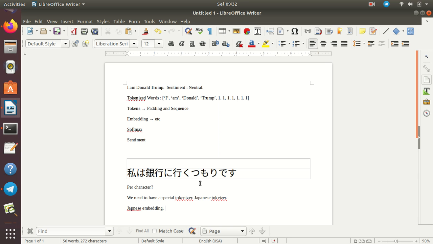It's kind of hard. So we have to use a specialized Japanese tokenizer, and of course we need Japanese embedding.